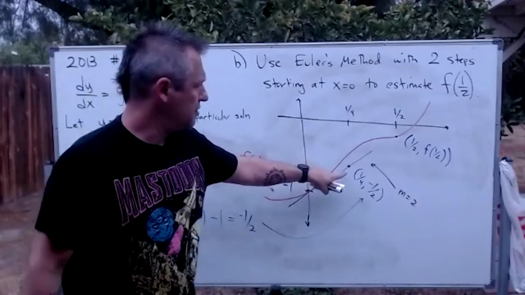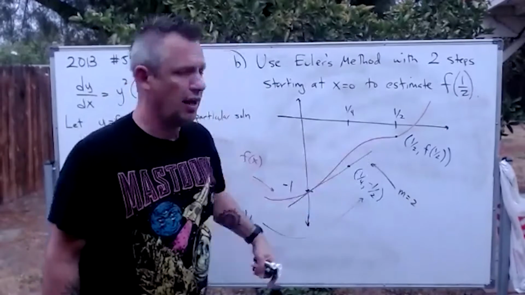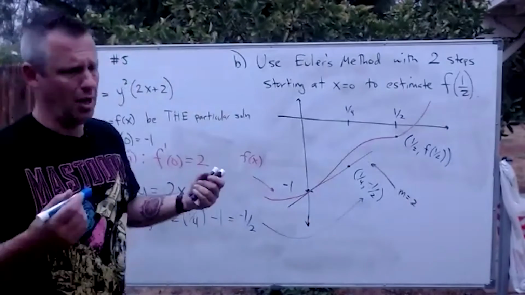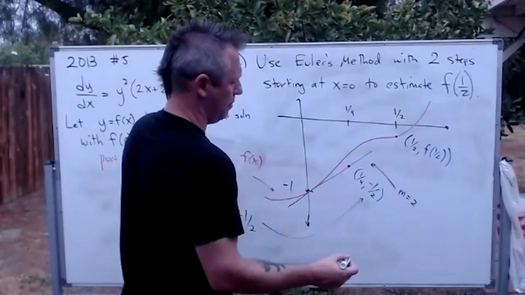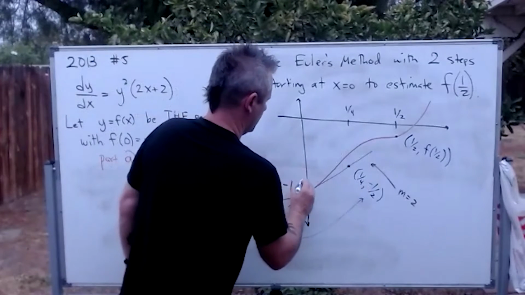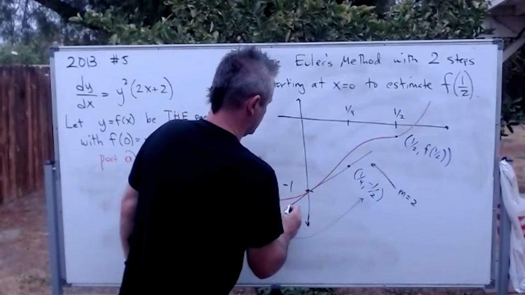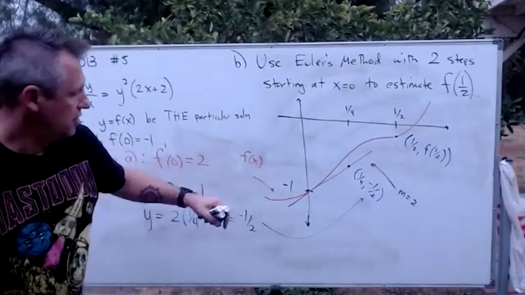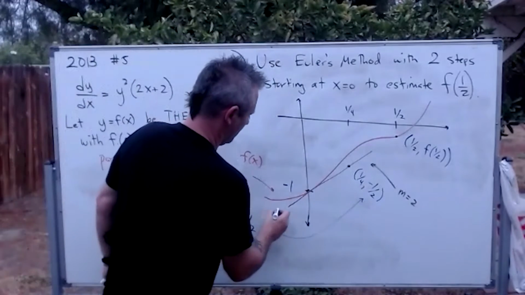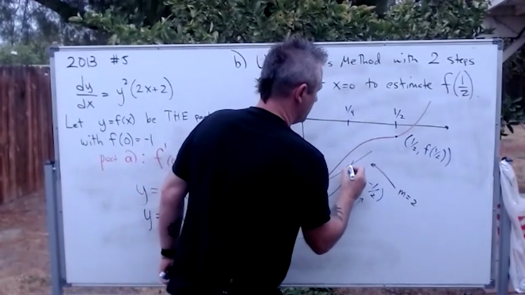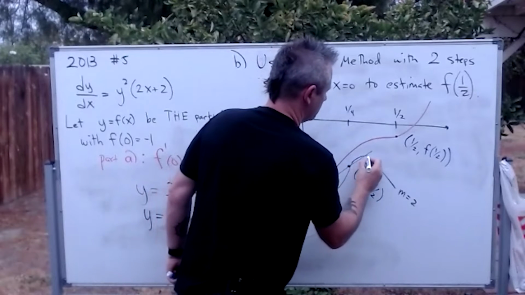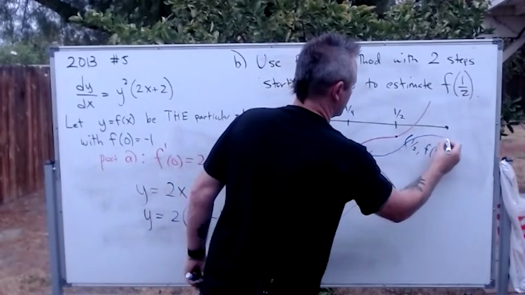It probably will not have this brown line as a tangent line. It's going to have some other line. So here I'm just going to draw something right now. It will pass through that point, but I don't know what this is. So let's say it looks something like this. Maybe it's probably pretty close to this guy. I'll make it so that it looks something kind of similar. It happens to pass through this point and maybe does some similar things.